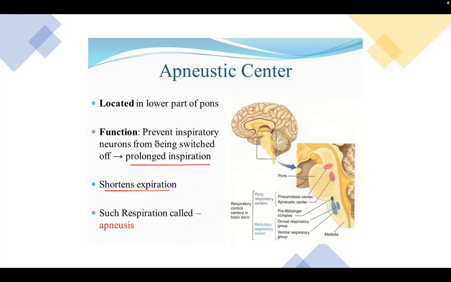Take note of this, shortens expiration, prolonged inspiration.